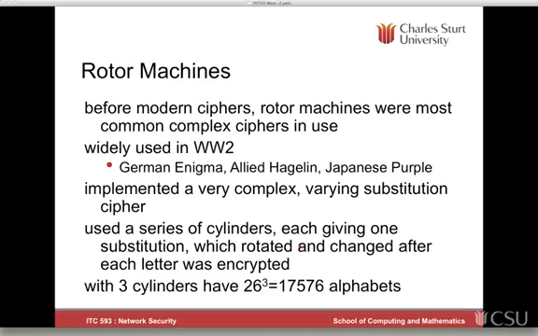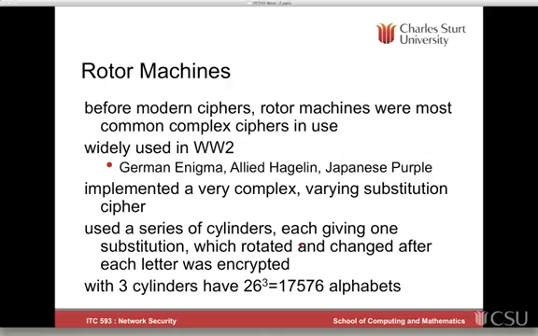Each cylinder has 26 input pins and 26 output pins with internal wiring that connects each input pin to a unique output pin. If we associate each input and output pin with a letter of the alphabet, then a single cylinder defines a monoalphabetic substitution. After each input key is depressed, the cylinder rotates one position so that the internal connections are shifted accordingly.